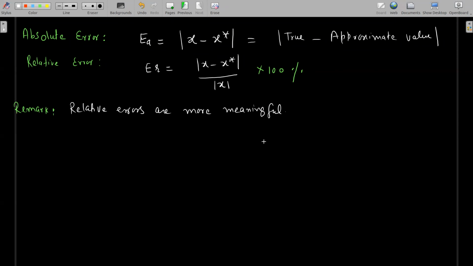Let us take one rough example. Let's say you are counting some currency notes. आपके पास पैसे हैं, सो यू आर काउंटिंग, तो एरर है 10। मान लो आपके पास 20 रुपीज हैं, और जो एरर आ रहा है वो 10 आ रहा है। एब्सोल्यूट एरर 10 आ रहा है, ठीक है। और रिलेटिव एरर कितना आएगा?